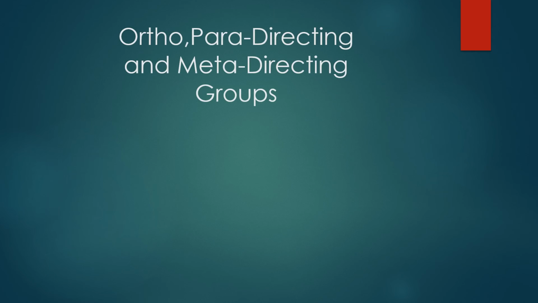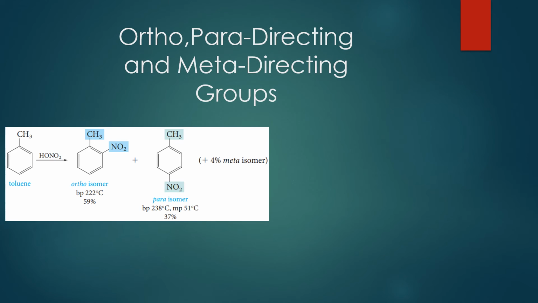Next slide. Ortho-para directing and meta-directing groups. Substituents already present on an aromatic ring determine the position taken by a new substituent. For example, nitration of toluene gives mainly a mixture of ortho- and para-nitrotoluene.